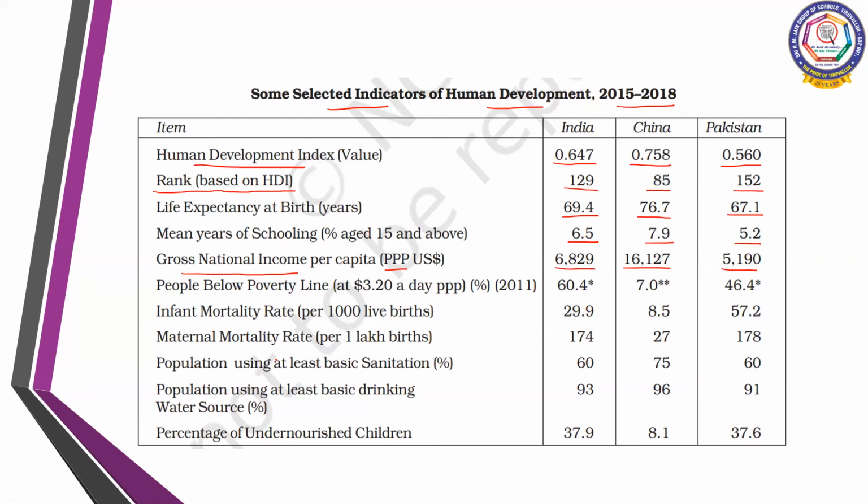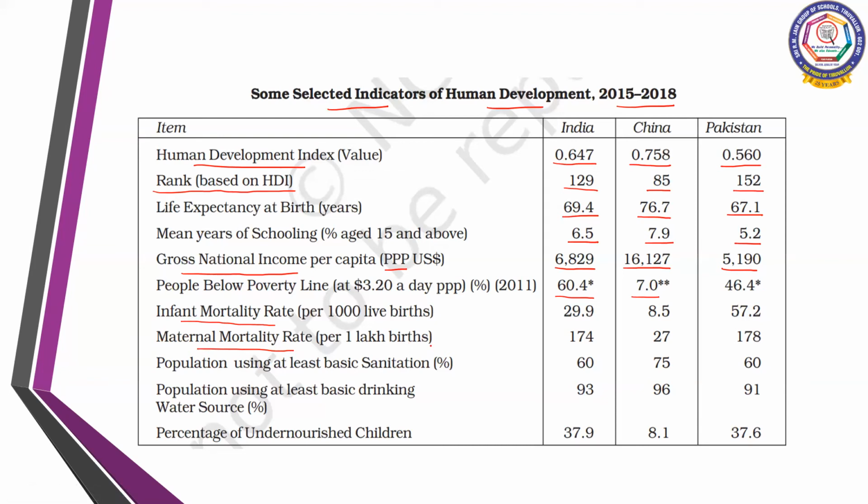China has the least percentage of people below poverty line, followed by Pakistan and India. It is 7 in China. India has the maximum percentage of population below poverty line because of overpopulation, and it is 60.4. The infant mortality rate and the maternal mortality rate is lower in China.